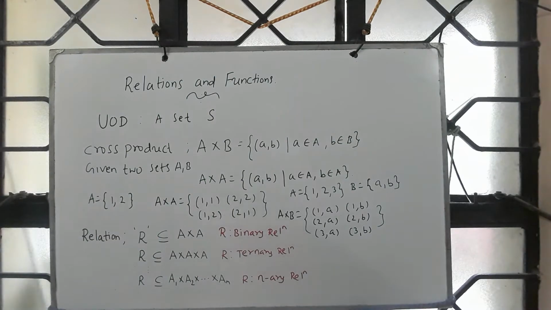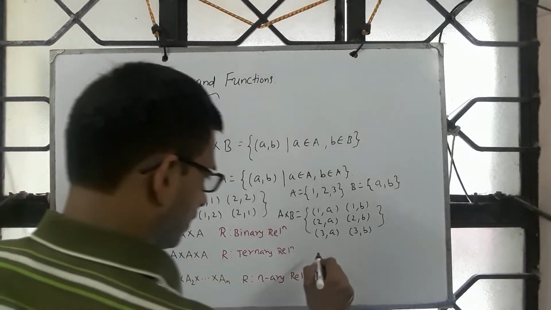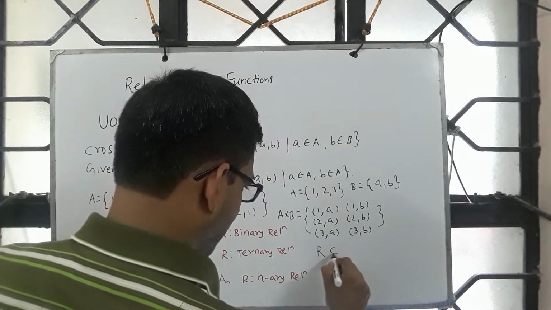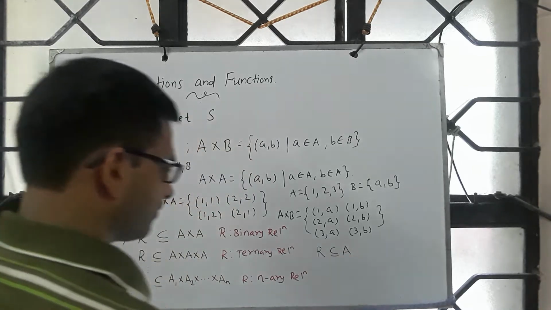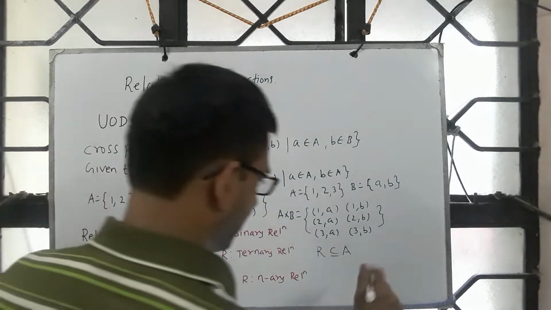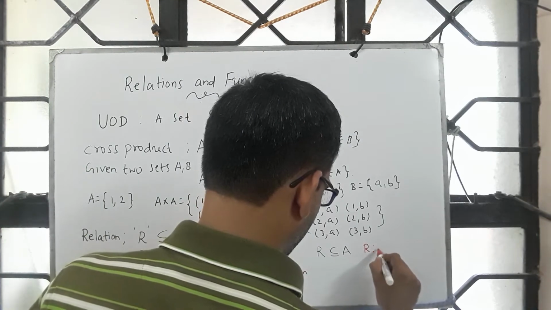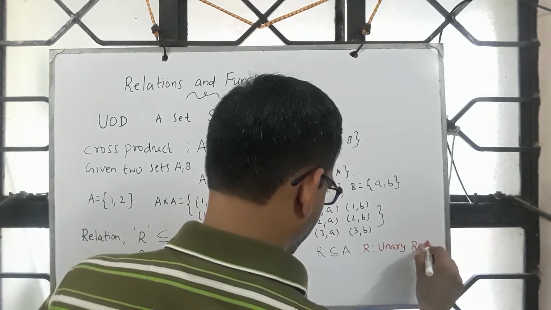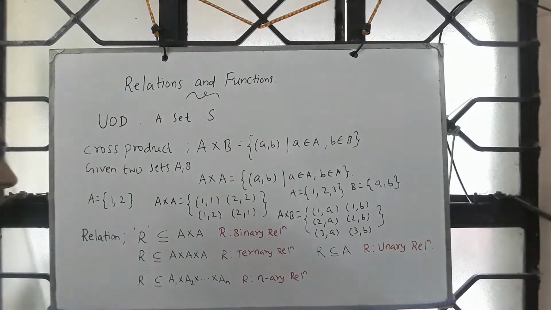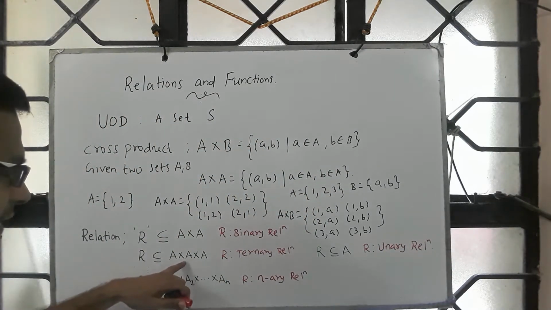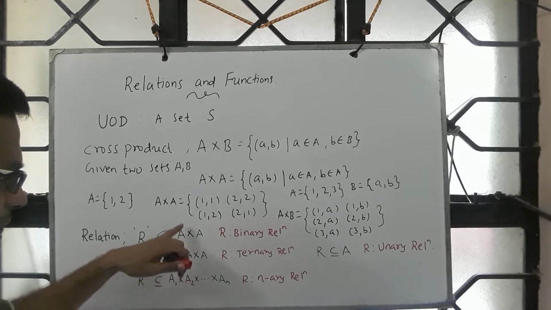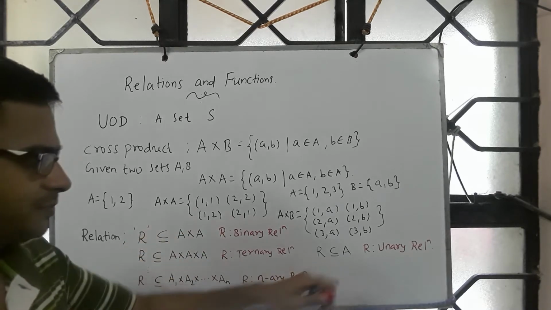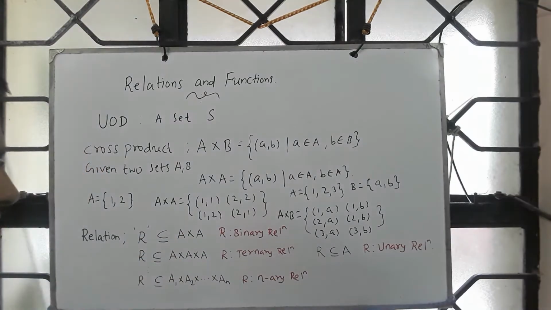Interestingly, one can also talk about R as a subset of A, and that relation is called a unary relation. So just like you need 3 to get ternary, 2 to get binary, if you have just A, and R is a subset of A, that's called a unary relation.